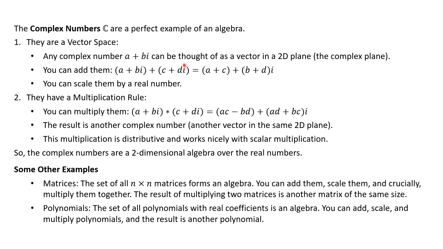The complex numbers are an example of an algebra. They're a vector space, so any complex number, a plus bi, where i is the square root of minus 1, can be thought of as a vector in a two-dimensional plane. You can add them component-wise here, a plus c, b plus d times i, and you can scale them.